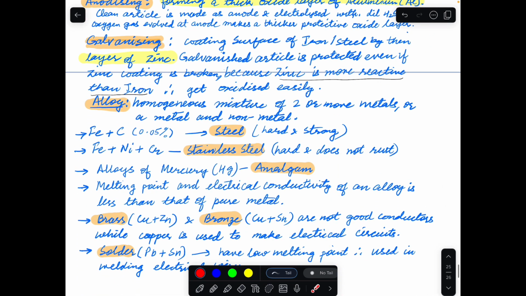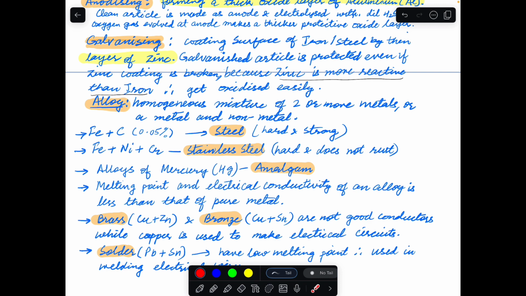Now the last idea used as a preventive measure is alloy formation. Alloys are homogeneous mixtures of two or more metals, or sometimes a mixture of a metal and a non-metal. And why do we make alloys? When we form an alloy, the properties of metals are modified, and therefore we put a check on the process of corrosion.